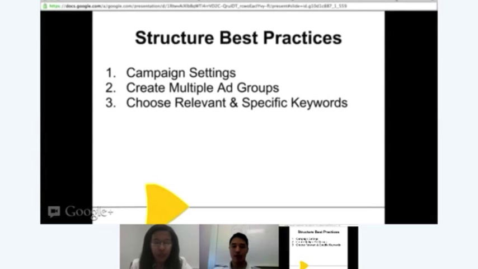I know we showed 2 on the previous screen, but you could have, let's say, 10, 15, 20 different ad groups within a campaign, and you want to make those very concise and very specific to the focus and the topic area. And then lastly, at the third level, this is where you're going to choose the relevant and specific keywords. Okay, next slide.